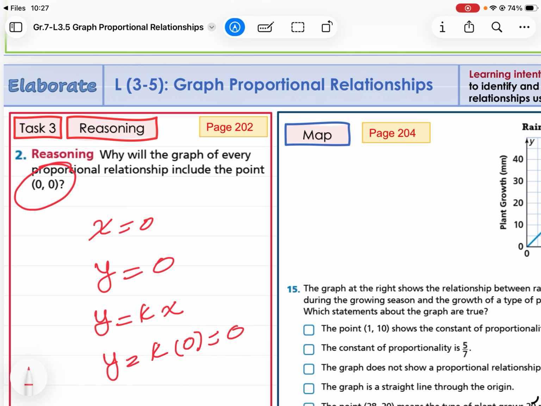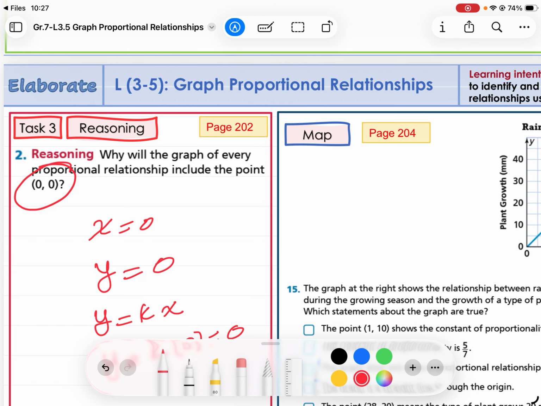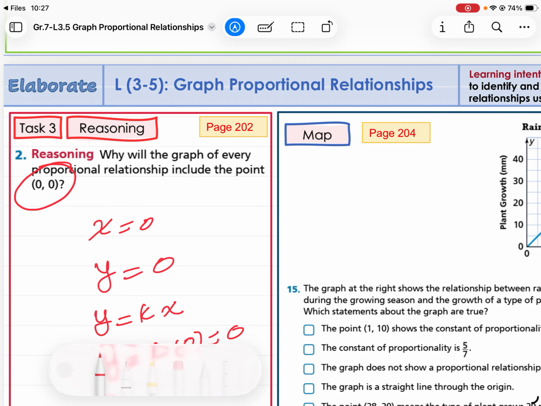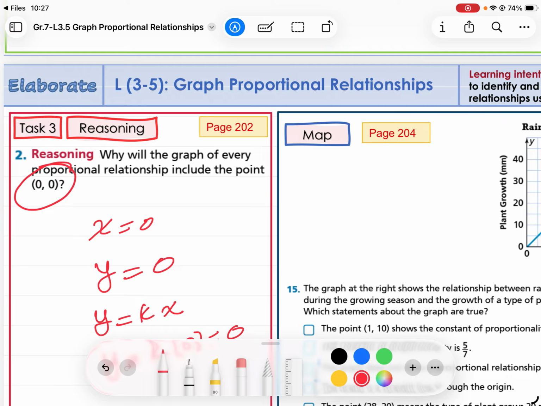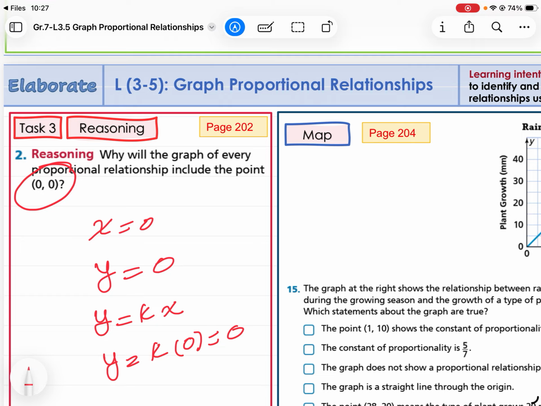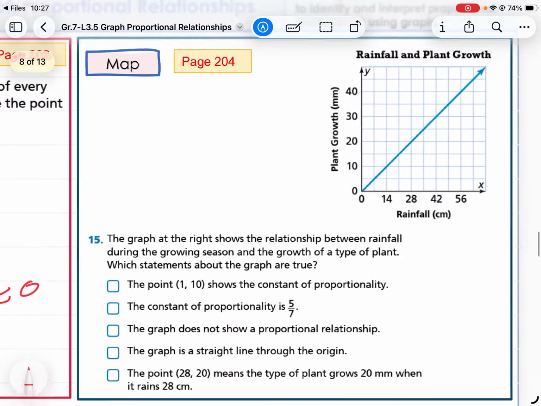So that will be 0. Every proportional relationship, they must start with (0, 0). Okay? Because common sense, guys, when x is 0, the y also should be 0. Because when you substitute the value of x in the equation, whatever k is, if you multiply it with 0, it's going to be 0. Okay.